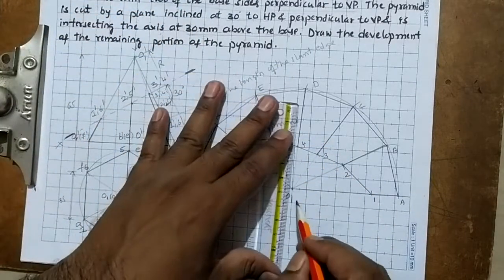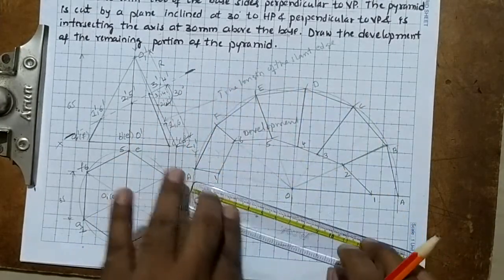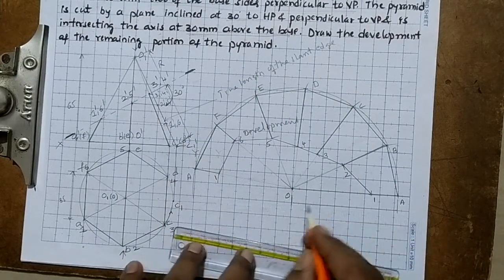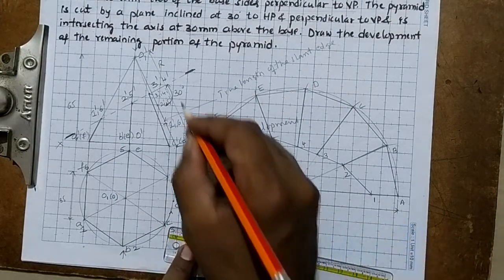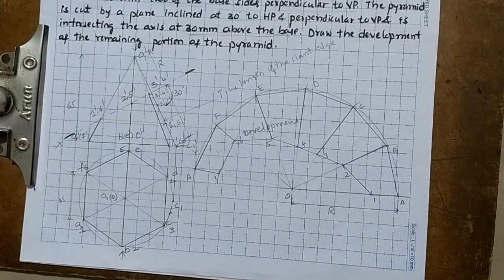Okay, whatever length is given, you should measure the true length of this slant edge and write it here. Just I will write it here, R. Okay, see, this is the development of the hexagonal pyramid. Thank you.